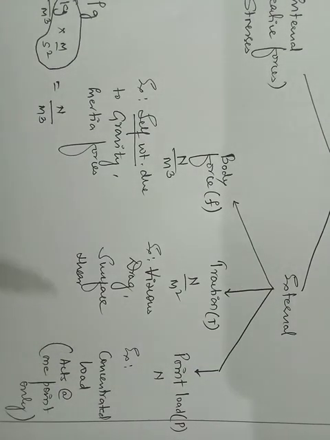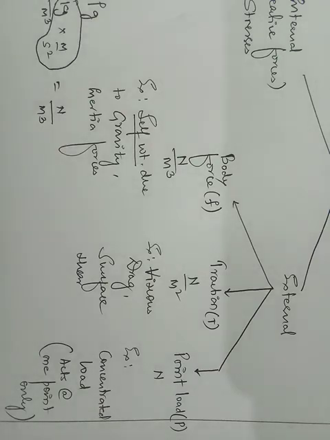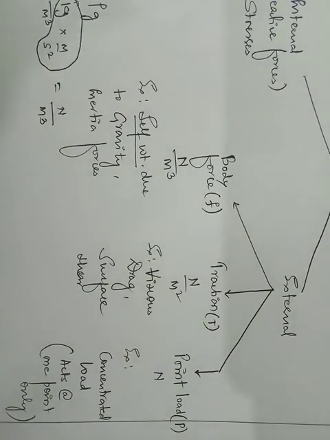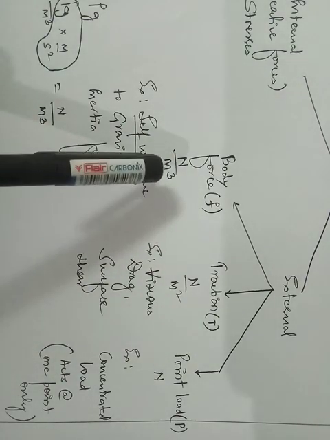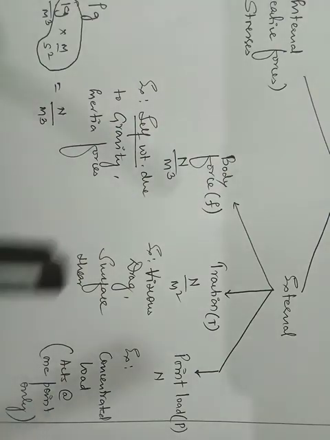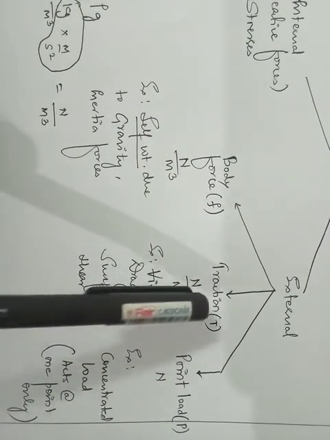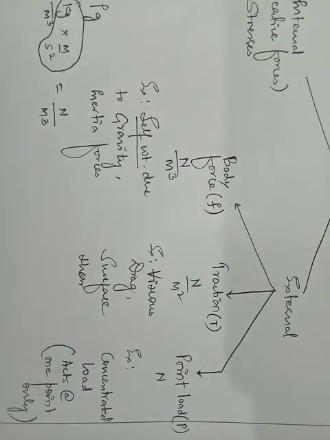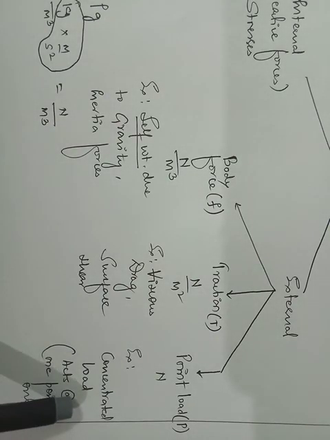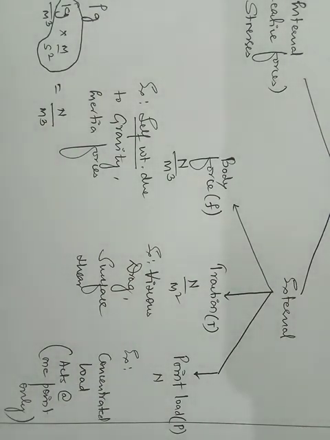Its unit is Newton. Remember, body force is denoted by F and its unit is Newton per meter cube because it acts on an elemental volume. Traction acts on an area, so its unit is Newton per meter square, and point load acts at one single point, so it is Newton.